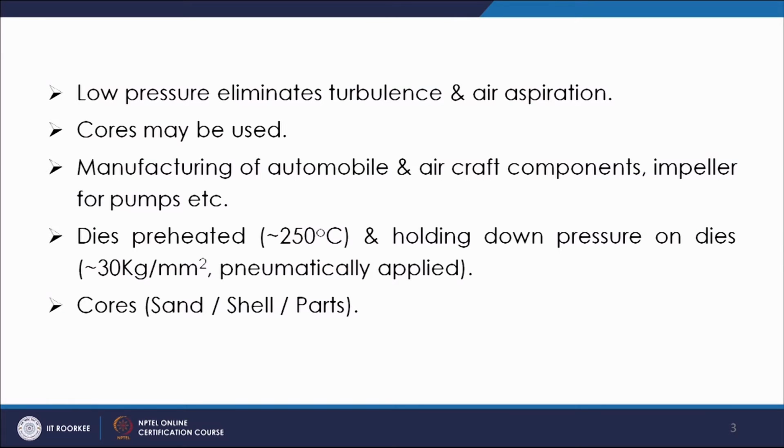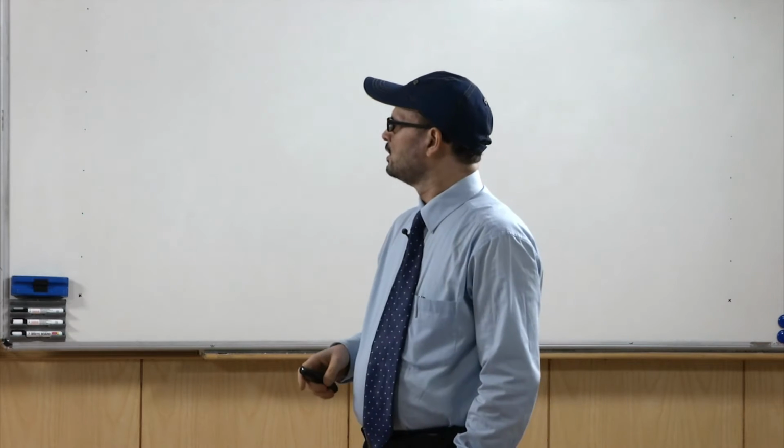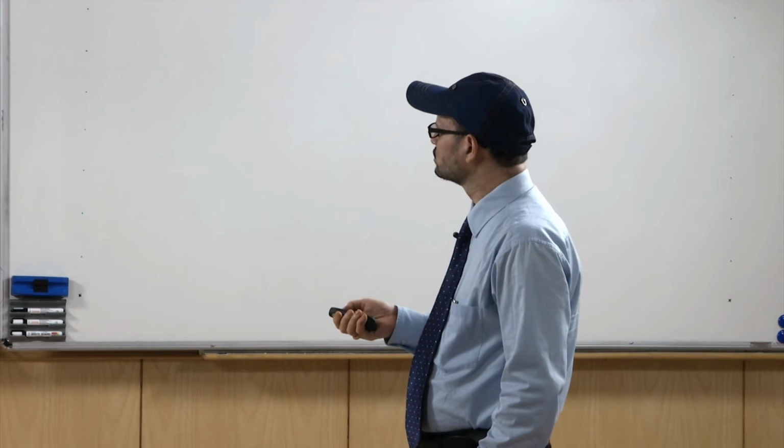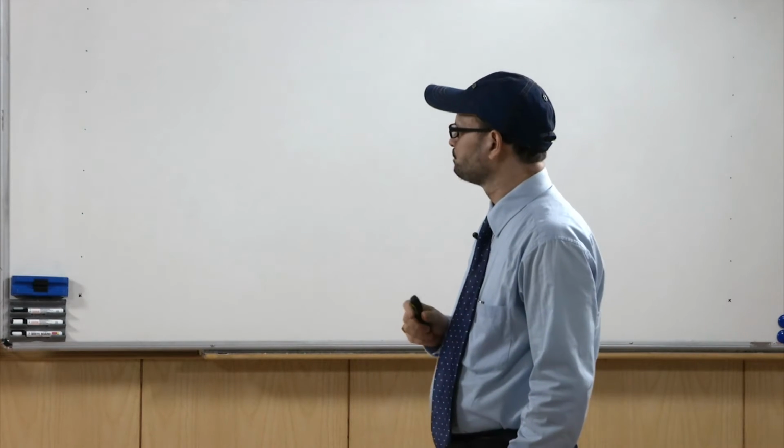That will contaminate the melt pool, especially for those metals which are highly prone to getting oxidized. You can use cores if there is a requirement of a core to be fitted.